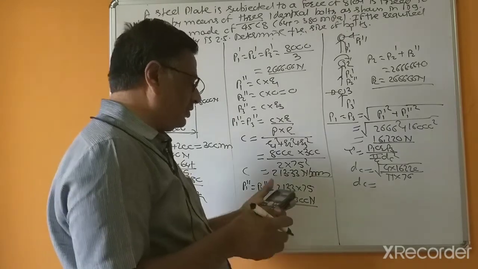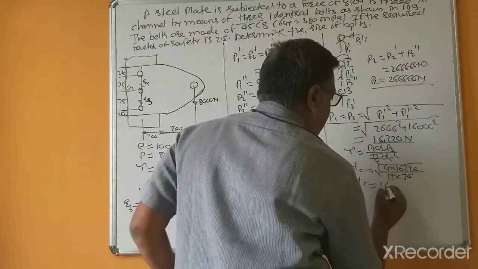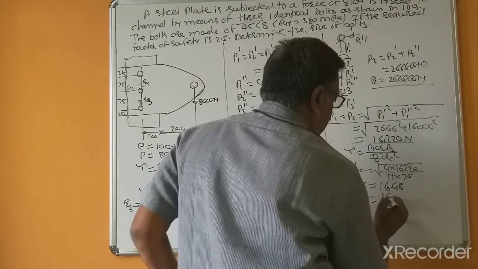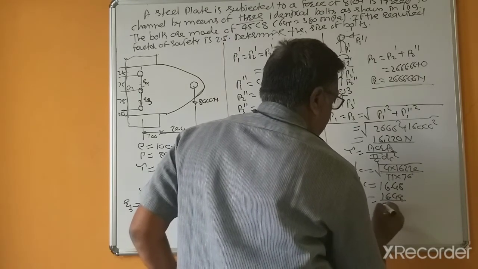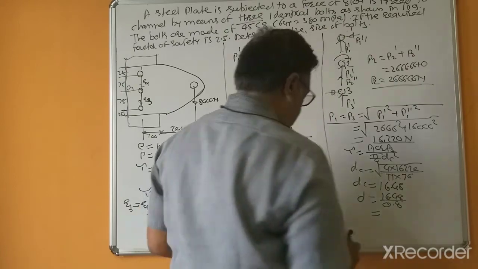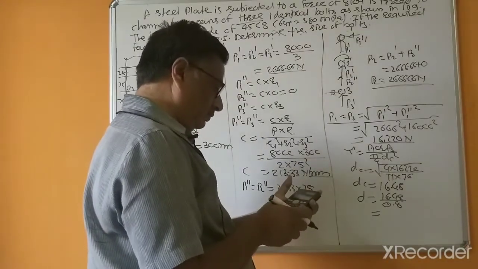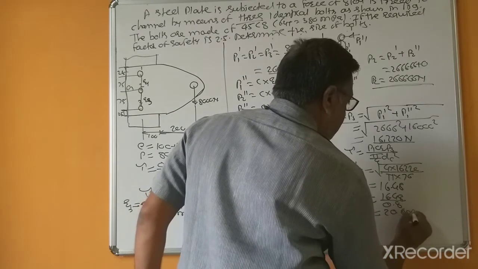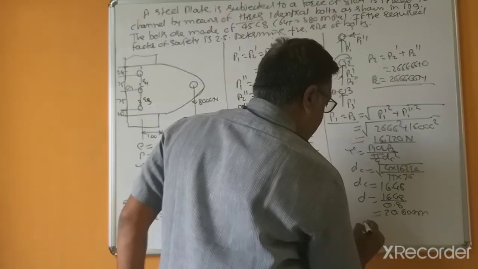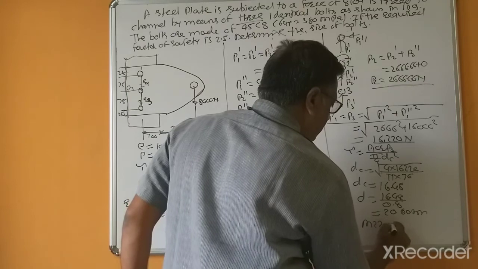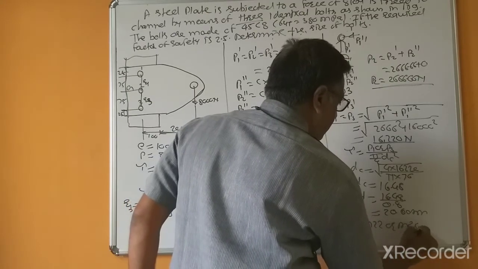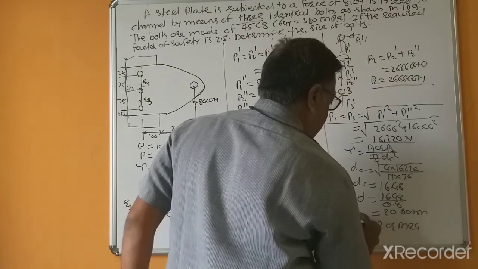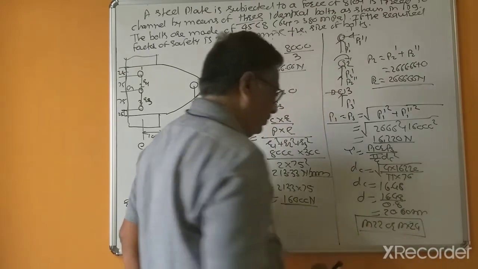I got 16.48. Now D equals 16.48 divided by 0.8, which is 20.60 mm, meaning you require M22 or M24. This is the size of the bolts you require.